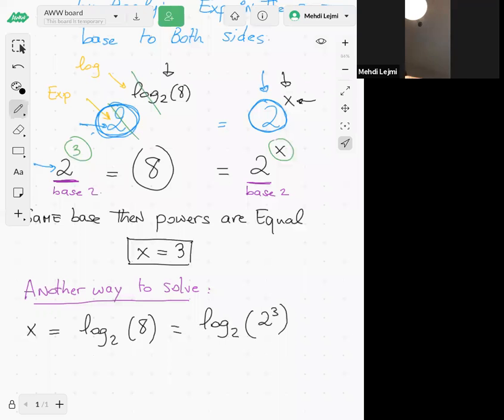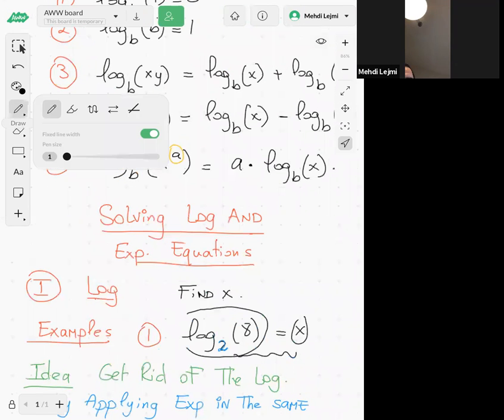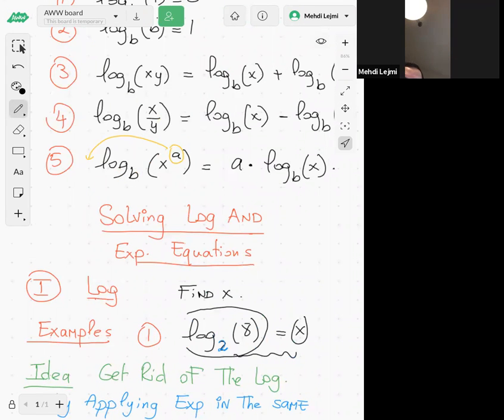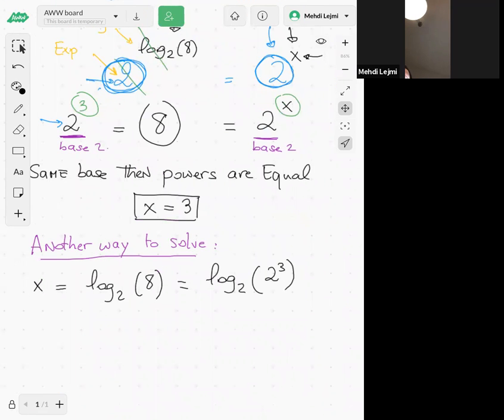Now, you see, guys, the last property here: when you have a log in some base b of x to some power a, so a power inside the log, then you can move the power to the front of the log. Here I have the log of 2 cubed, so I have this power 3. I can put it down in front of the log, so that's 3 times log in base 2 of 2.